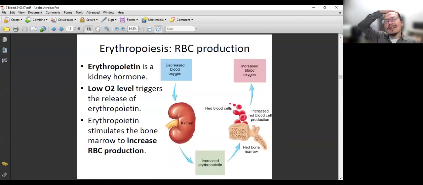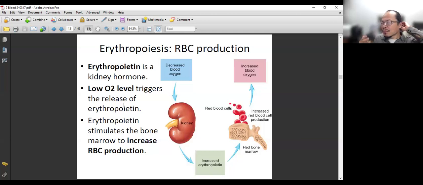And the thing is, how do you know how many red blood cells you need to transport oxygen? It's important that this oxygen is not just needed by one cell, it's needed by the whole body.